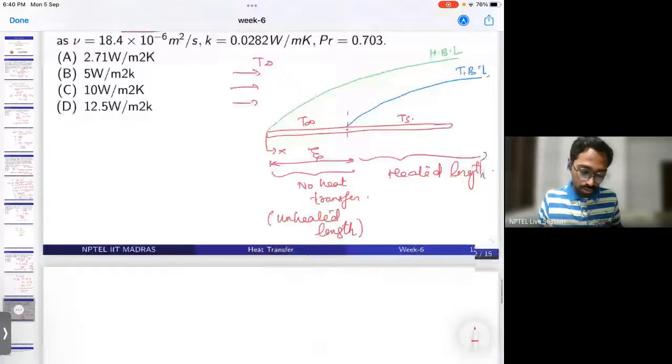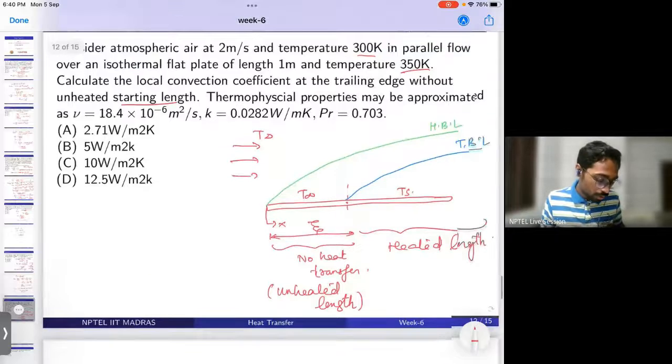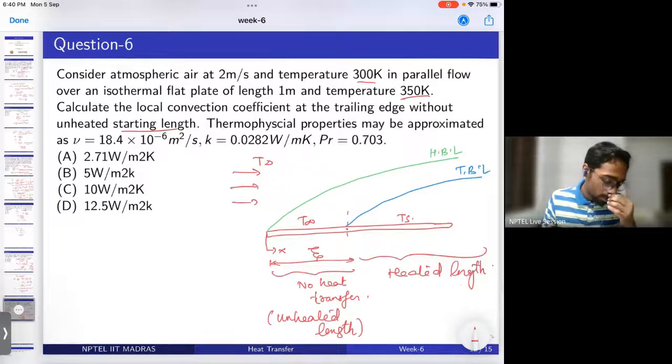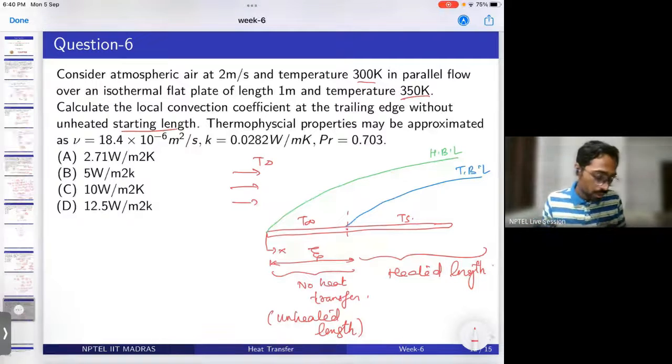So let this concept be here. We will come back to this later. In this question, air is flowing at 2 meter per second and temperature 300 Kelvin in parallel flow over an isothermal flat plate of length 1 meter at temperature 350 Kelvin. Calculate the local convection coefficient at the trailing edge without unheated starting length.